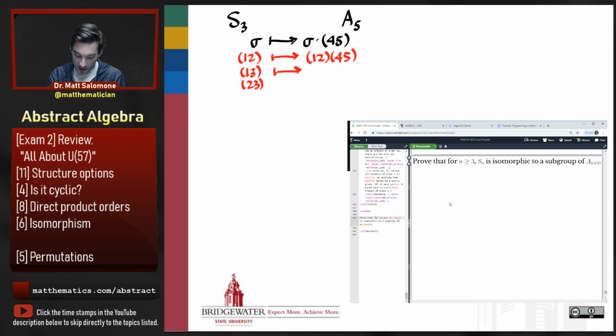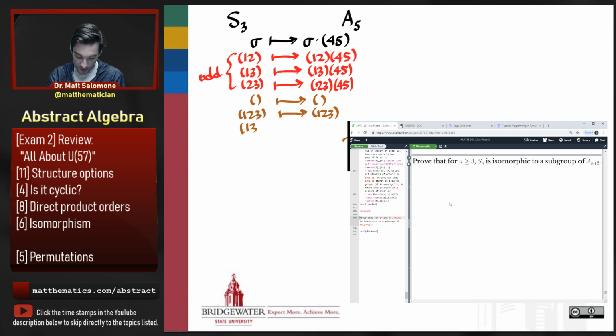And then each of my 3 transpositions from S3, I can send to those. And so that's what I'm going to do with my odd permutations. For my even permutations, I'm just going to keep them as they are. So I'm going to take the identity and send it to the identity. I'm going to take my 3-cycle (1 2 3) and send it to the 3-cycle (1 2 3).